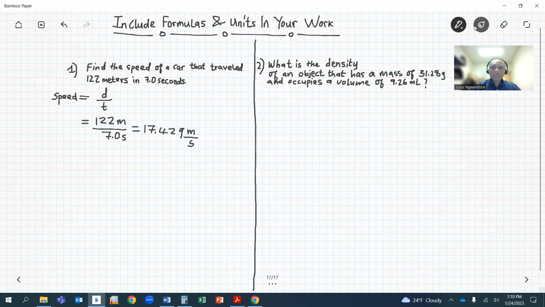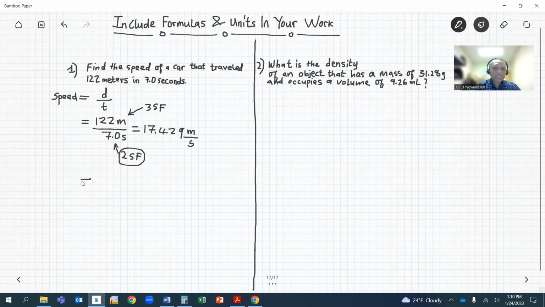Now we need to consider significant figures. So in the numerator, we have 3 significant figures. In the denominator, we have 2 significant figures. So the minimum is 2. So we round our answer to 17.